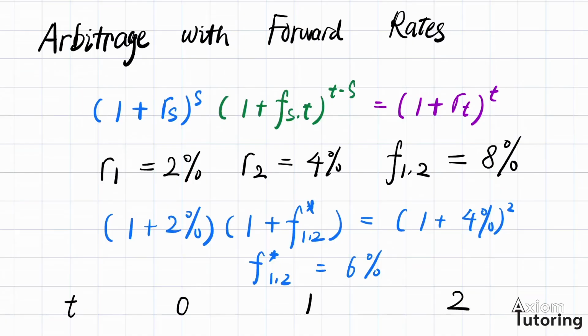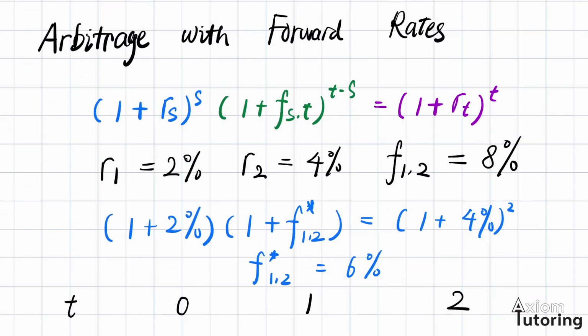Whenever we have arbitrage, we always want zero cash flow at time 0 and something positive in the future for certain. Or the other way around: we have something positive at time 0, but we don't have to pay anything or get anything in the future.